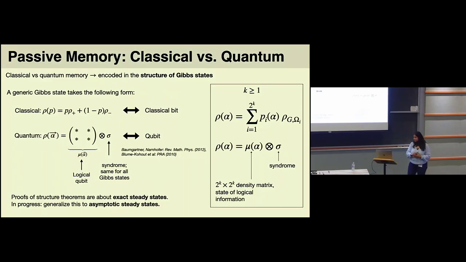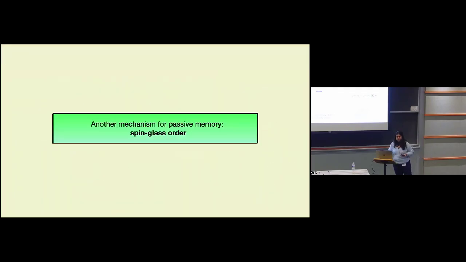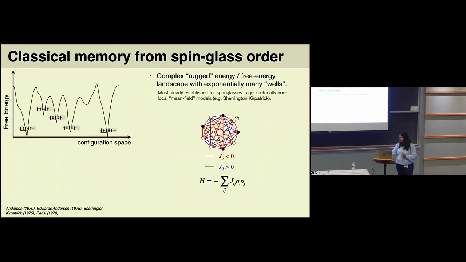Now let me move on and spend a few minutes telling you about spin glass order, which is a qualitatively distinct physical mechanism for obtaining passive memory. When you think of spin glass order, the first image that might come to your mind is some complex landscape with many different global and local minima.